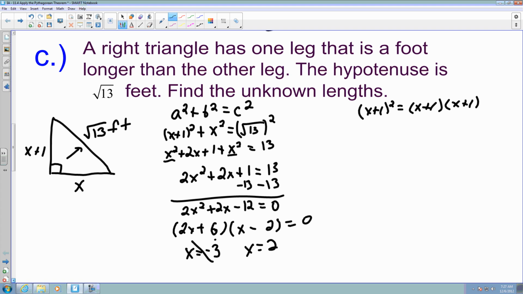So we can eliminate that as a possible solution. So our x here would have to equal 2. And if our x equals 2, that means that our other leg would equal 3. So our unknown lengths for this problem would be 3 inches and 2 inches.